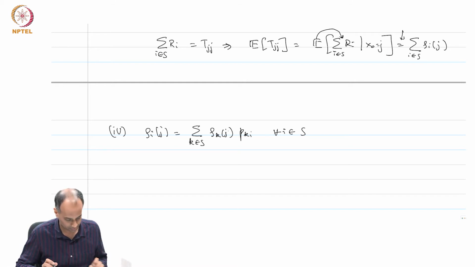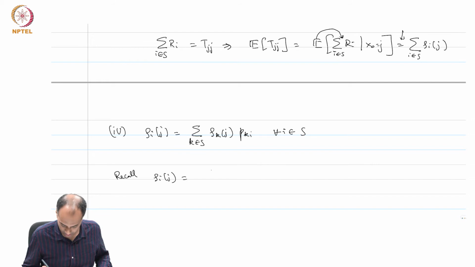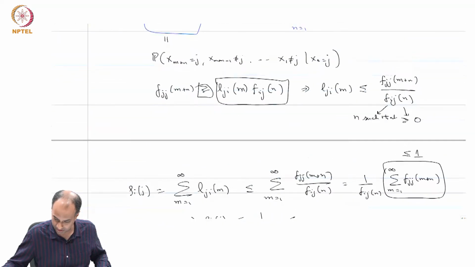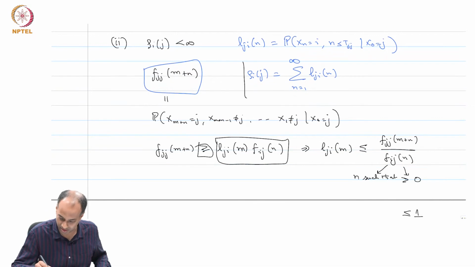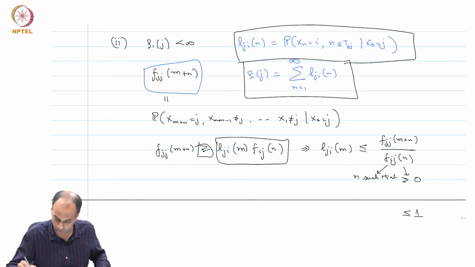How do I prove this? Remember that rho_i of j, recall, is nothing but the sum over n equals 1 to infinity of L_ji of n, where L_ji of n is defined like so.